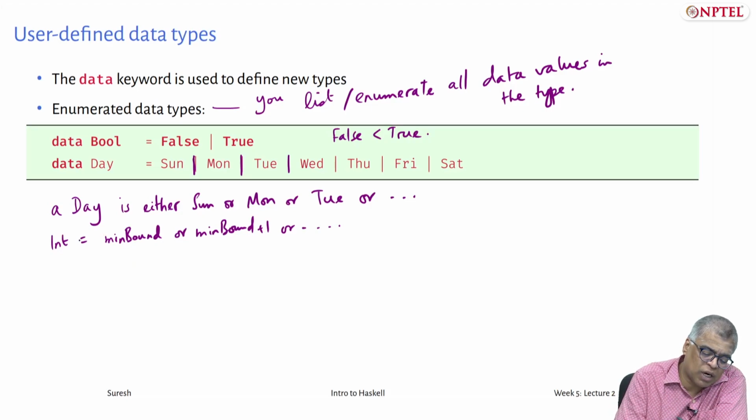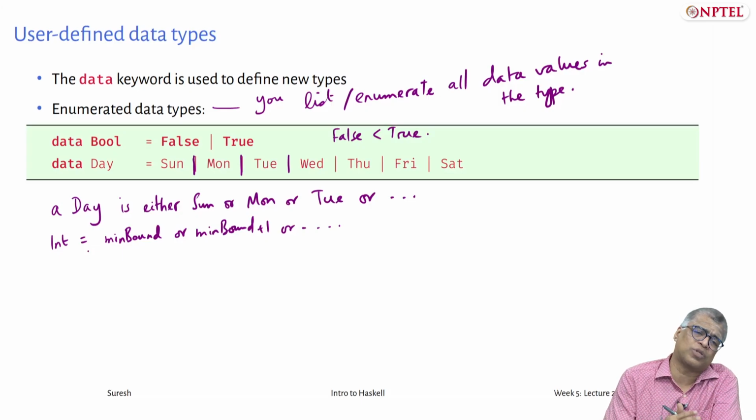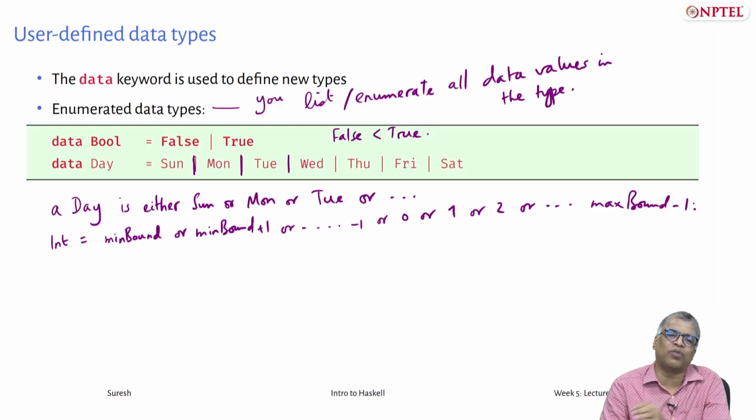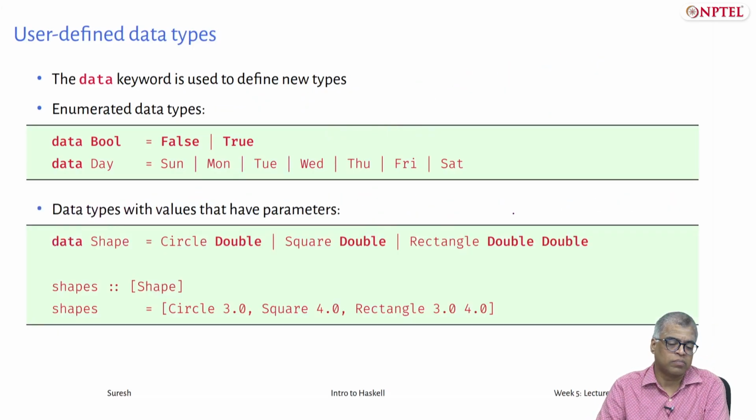Conceptually you can think of Int as minBound or minBound plus 1 or minBound plus 2 all the way till 0 or 1 or 2 all the way till maxBound minus 1. But internally Haskell uses the internal machine representation to represent integers and not an enumerated type like this.